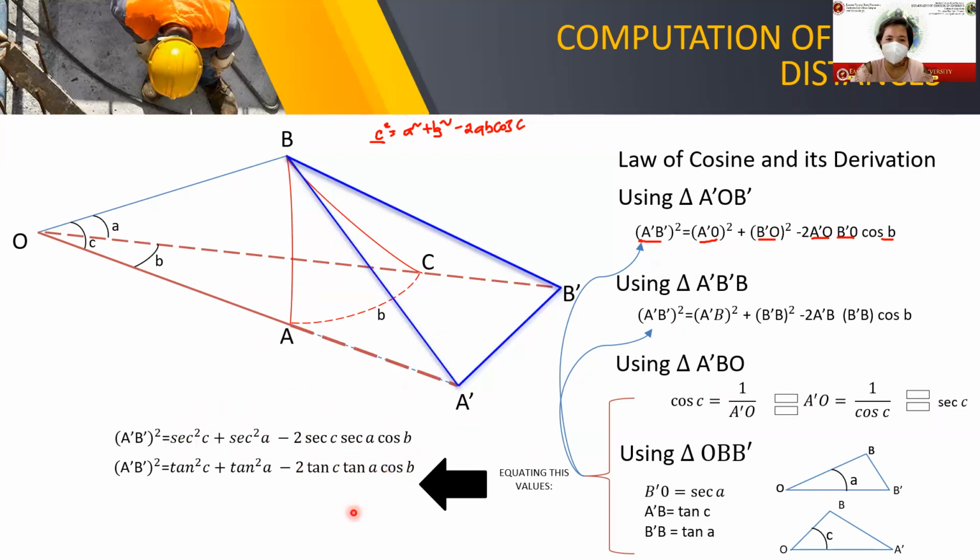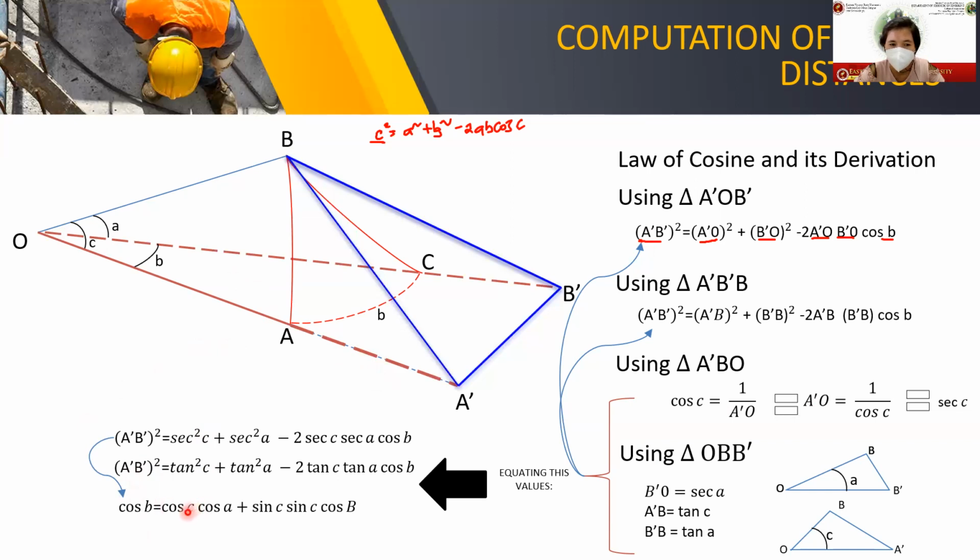Now, how did it become the same as the law of cosine formula? Take note that here, cosine B is the interior angle. Take note, this is the interior angle.